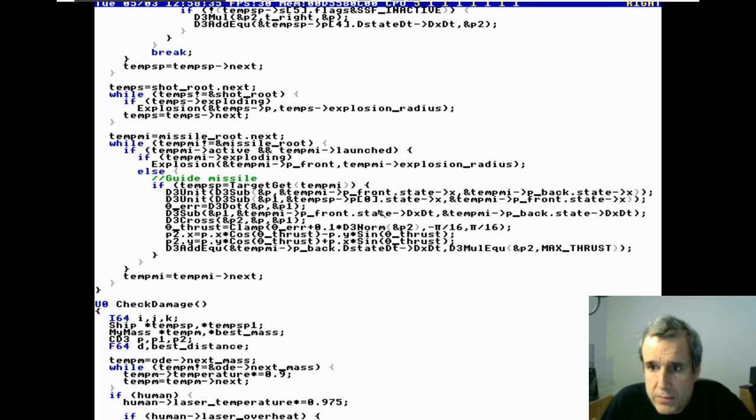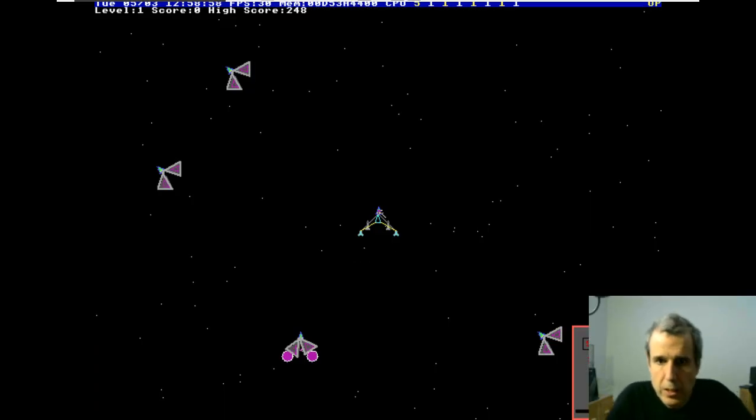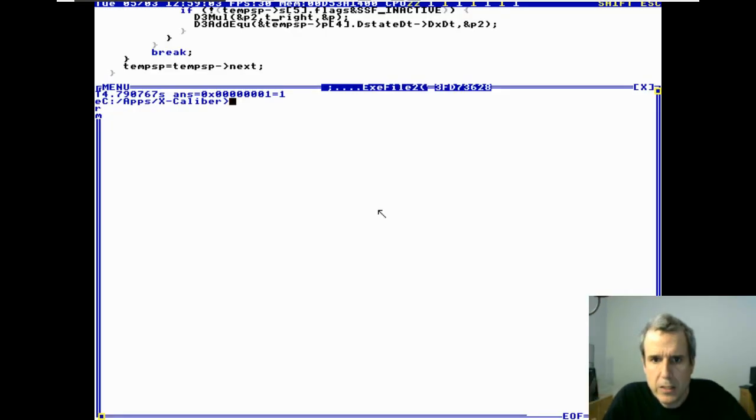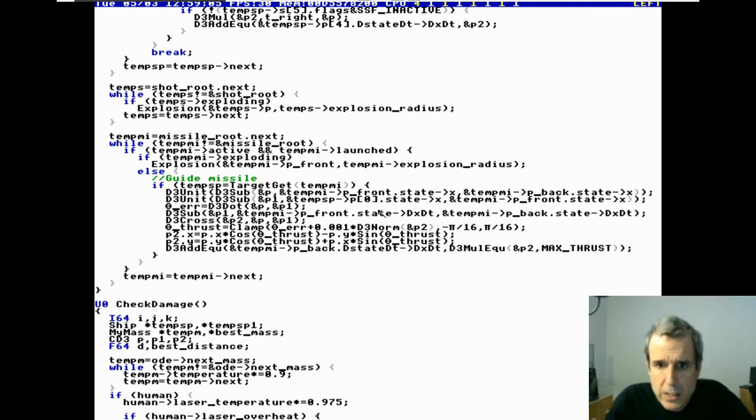Velocity at the top minus velocity at the bottom. Cross product. It's an absolute value.